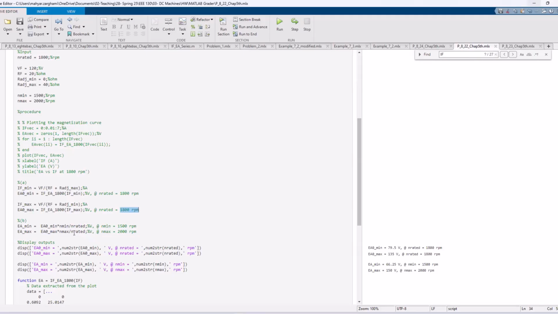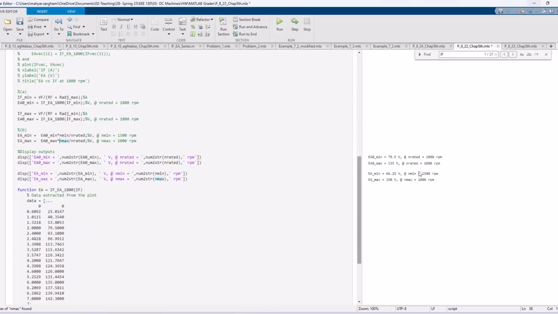In order to find that at 2000 RPM, we multiply it by N max over N rated. In general, this would be at 1800 RPM the minimum and the maximum EA that you can get. Now, EA minimum at 1500 would be 66.25, and EA maximum would be found at 2000 RPM, equal to 150 volts.